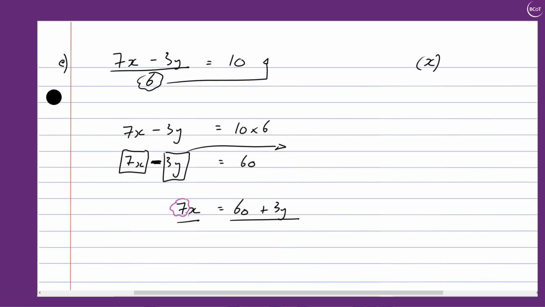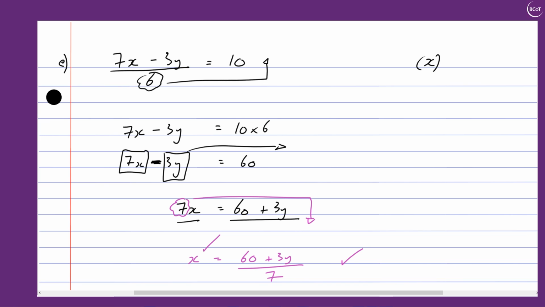There's no plus or minus in between them, so it's going to be a swap and drop of the 7. So we end up with x equals 60 plus 3y all over 7. X is the subject, and we've done it.